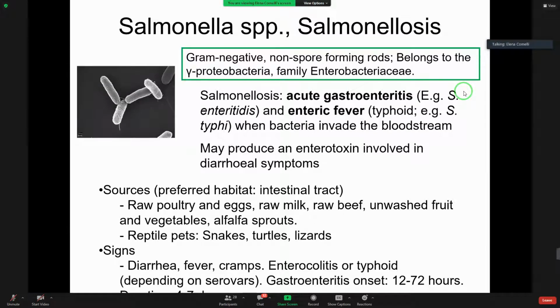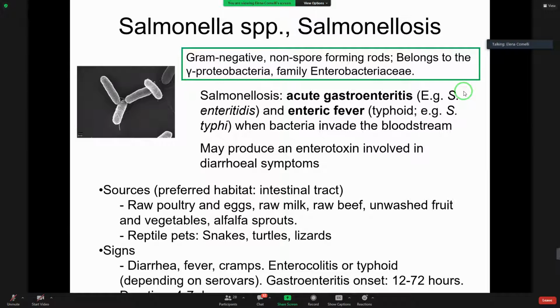The other pathogen that I wanted to discuss is Salmonella species, which causes salmonellosis. The Salmonella species and serovars are all gram-negative bacteria, non-spore forming. They are rods, as you can see in the picture, and they belong to the family Enterobacteriaceae.